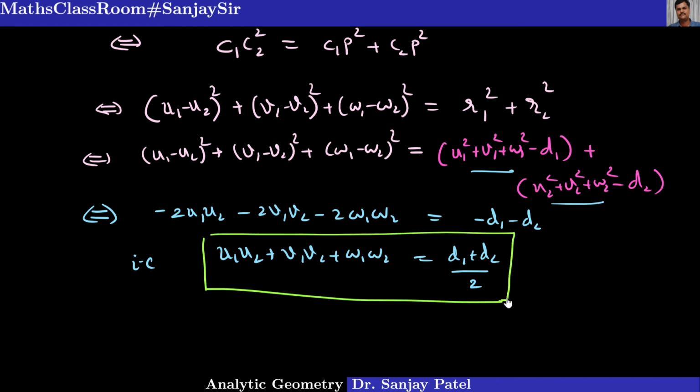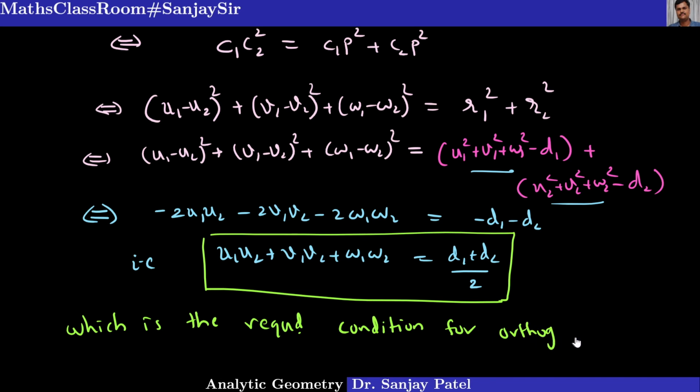So what you need to know is only the values of these constants u1, v1, u2, v2, etc., and that can be obtained from the given equations of the spheres. And you can verify very easily that the two spheres are orthogonal spheres. So this is the required condition for orthogonality, for orthogonal spheres.